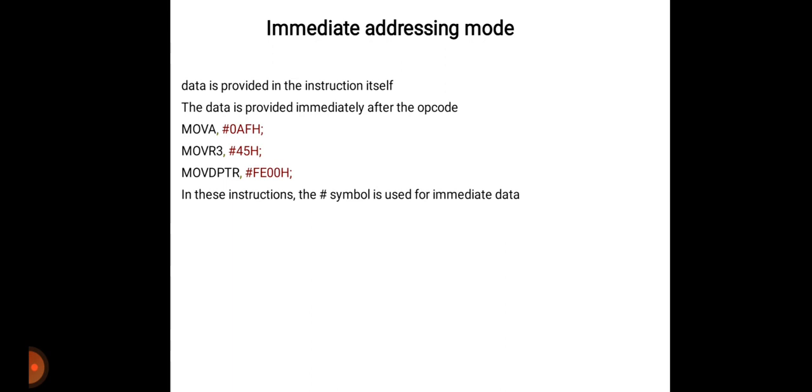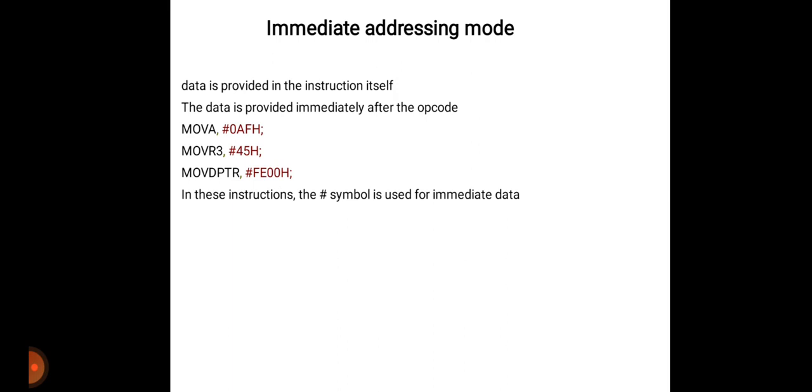In this instruction the hash symbol is used for immediate data, and in the last instruction, MOV DPTR, #0FE00H, DPTR stands for the data pointer, and using this it points to the external data memory location.